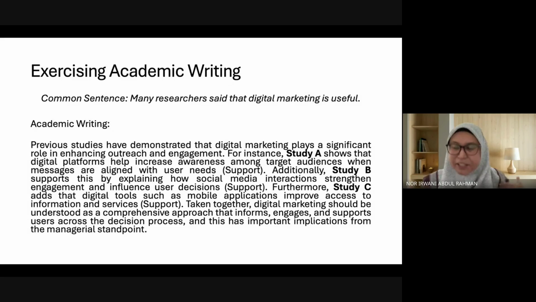But with my experience reviewing academic words, consider the word usage: significant, importance. Useful is common, normal. Demonstrate, portray, those are academic.